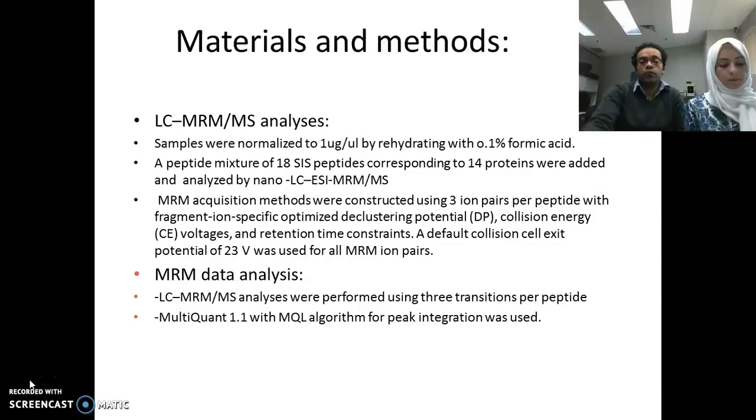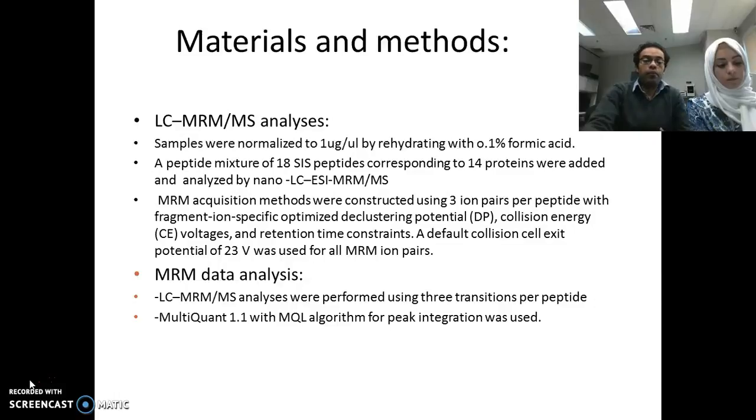A peptide mixture of 18 SIS peptides corresponding to 14 proteins was added and analyzed by nano LC-MRM MS. The MRM acquisition method was constructed using 3 ion pairs per peptide with fragment ions specific, optimized clustering, and collision energy and dwell time constraints. A default collision cell exit potential of 23 volts was used for all MRM ion pairs.